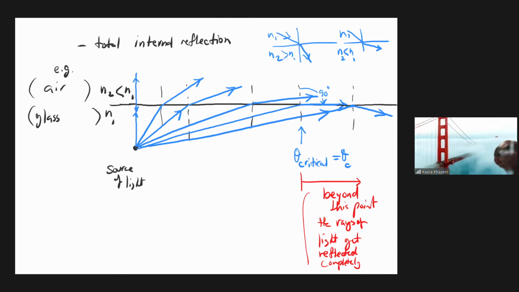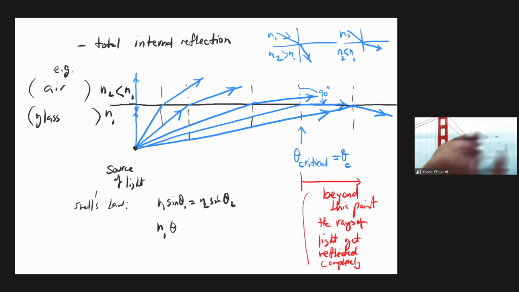All right, so we can actually go ahead and calculate that critical angle. Remember Snell's law? It was N1 sine of theta 1 equal N2 sine theta 2. So if we just go with the critical angle there, okay, let's say N1, and this is theta 1, and then this is theta 2.